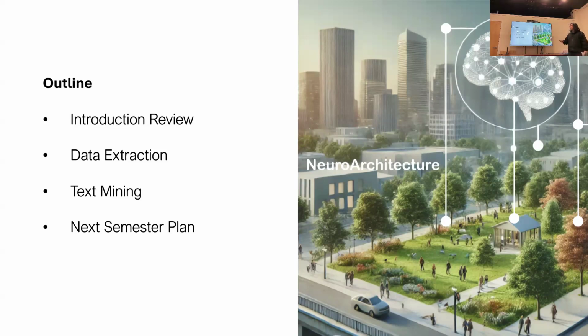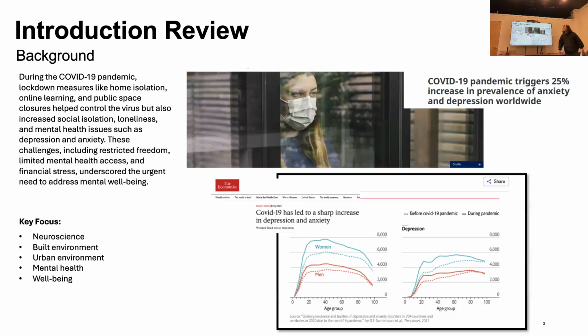As for the background, during COVID-19, lockdown measures like home isolation, online learning, and public space closures helped control the virus, but also increased social isolation, loneliness, and mental health issues.